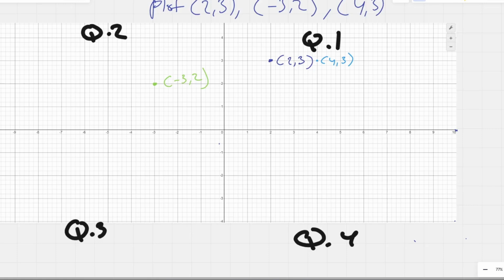Now for the final part of this lesson, I'm gonna have you guys try and name some points I'm gonna graph on the graph. All right, so let's start really quickly.